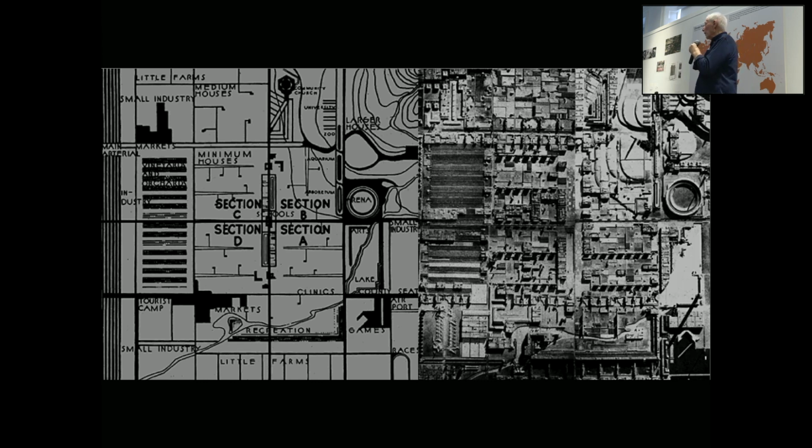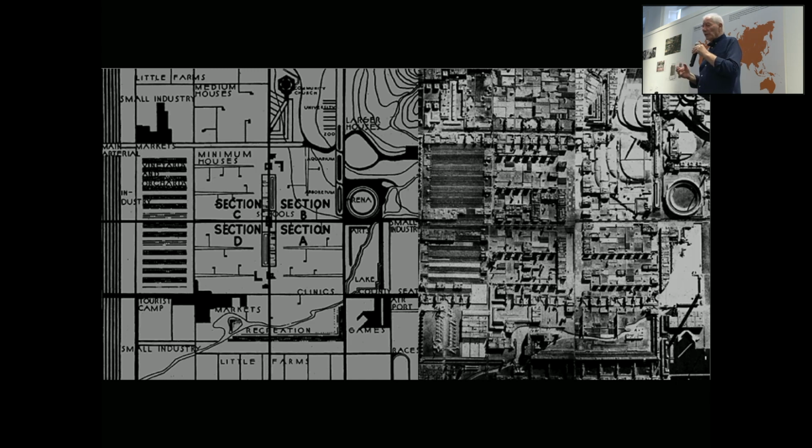Broadacre City was something different, which is partly a political idea from Frank Lloyd Wright. It was 1935, and this plan was for something like a 10 square kilometer area, and it was exhibited first in New York.